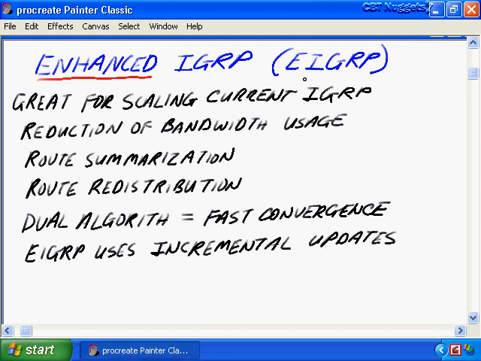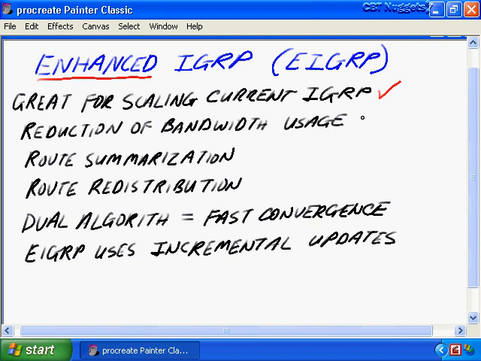Obviously, it's great for building a scalable solution if you're using EIGRP, especially if you're in an all Cisco hardware environment. If you are looking at multiple vendor compatibility, you might want to consider OSPF instead of EIGRP for a growing or scalable environment.